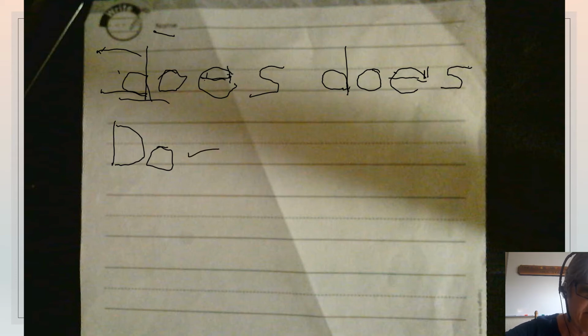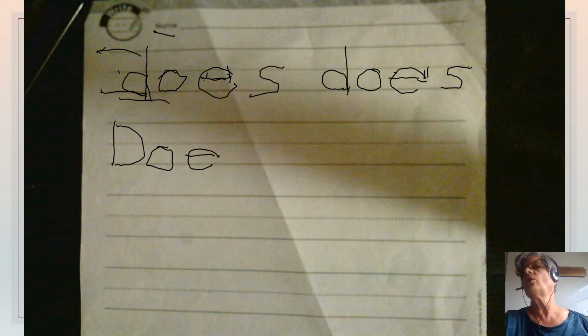Ooh, that's not very good at all. We make a line in the middle. Then we go up and around, and again, that's going to erase too. E, D-O-E. Remember, all those letters should be below the dotted line.